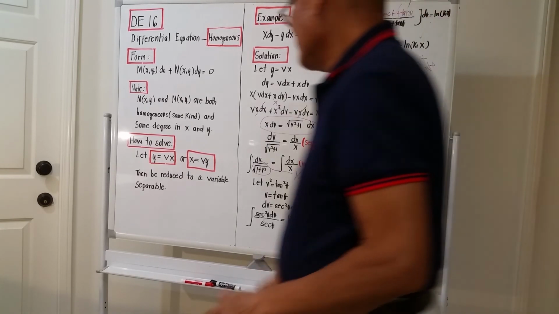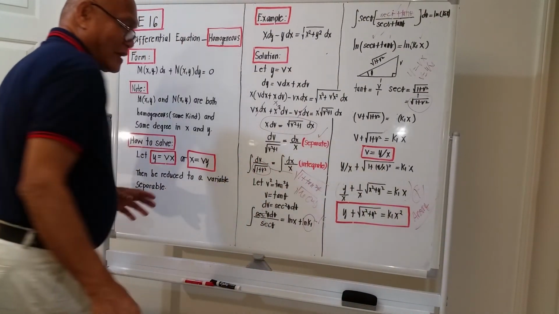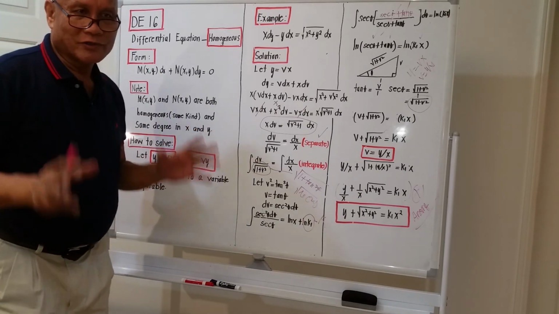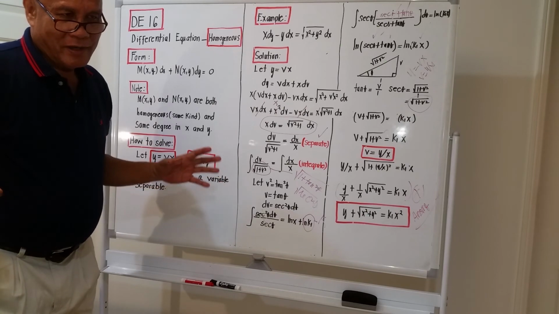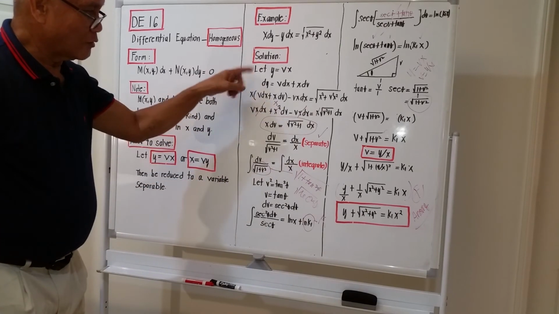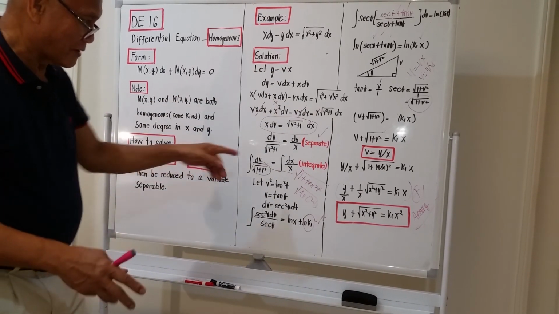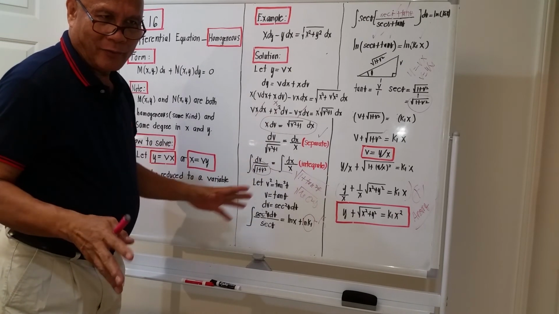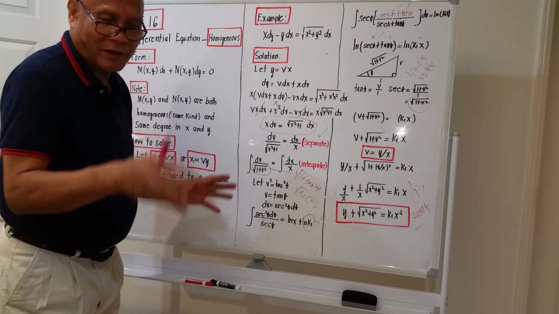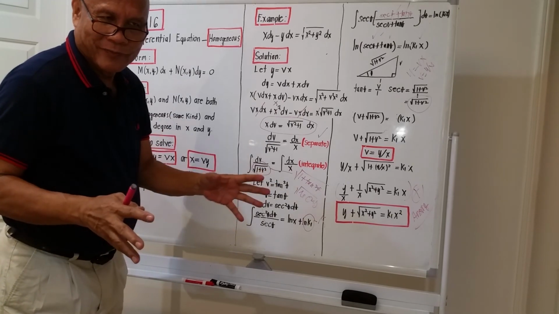Oh, that's it, guys. That's an example of a homogeneous differential equation. So actually, after the substitution of y equal to vx, what comes out will be a variable separable differential equation. And your only problem now is we will pray that the resulting integration will be an easy one.